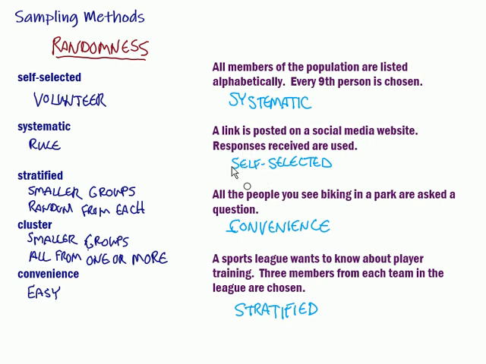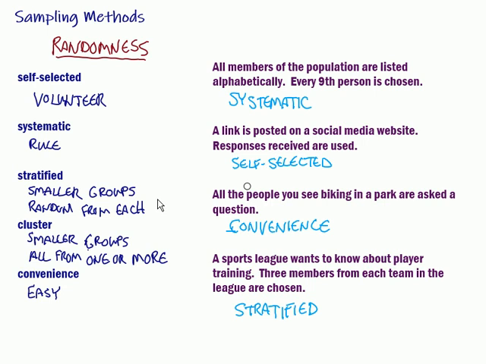We know, using some more advanced math than what we have here, that if you choose to take volunteers, like post a link online and let people respond and don't have a limit, you get the extremes. You get the people that are really frustrated, that feel really strongly about something on either end. And so we want to be really careful about that and make sure that self-selected, probably not the best option. Depends on what you're trying to figure out though.